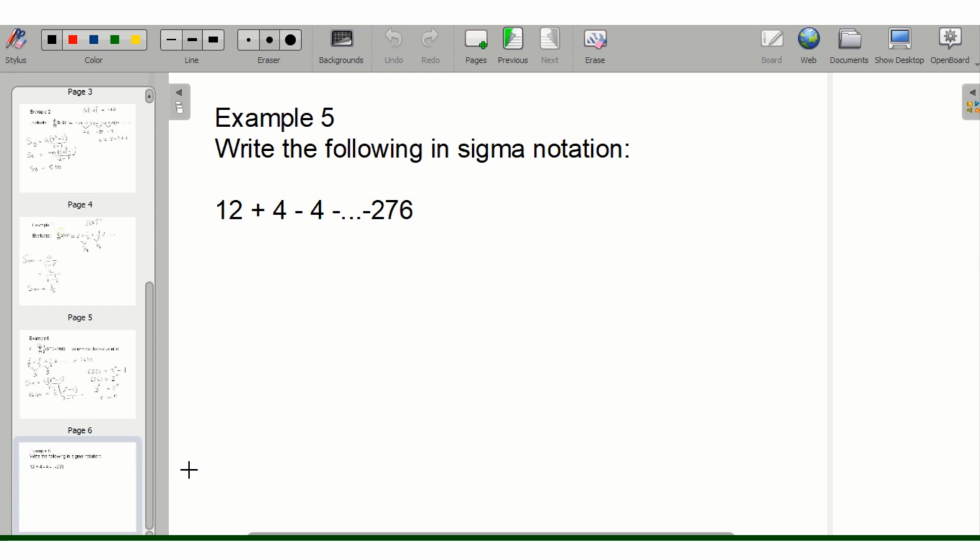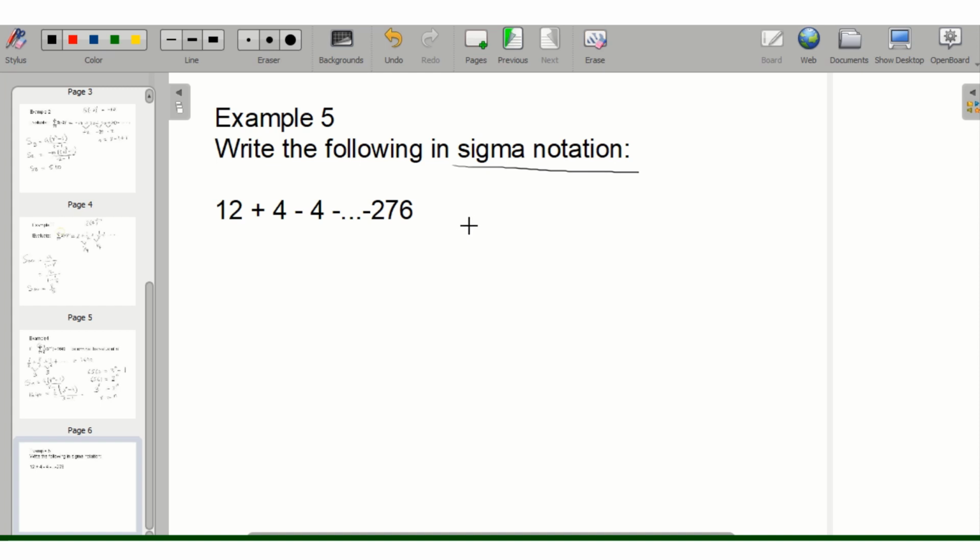The last question. Now, I always tell students this. Whenever you are taught something, they will also want to ask you in reverse. So all along we've been given the sigma notation, but now they say we must write this series in sigma notation.